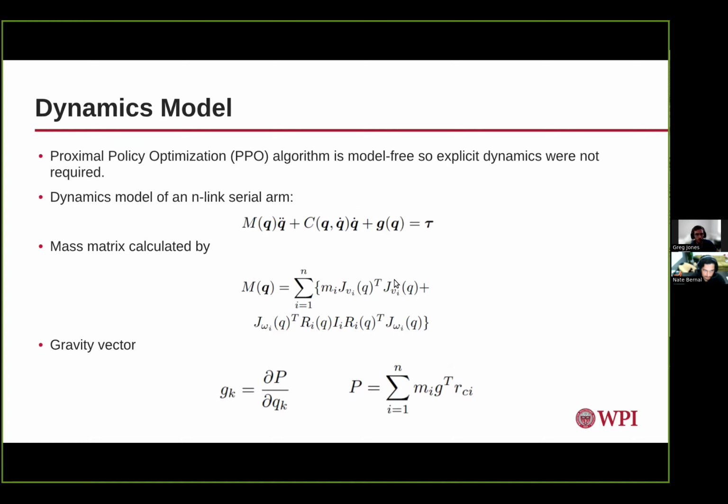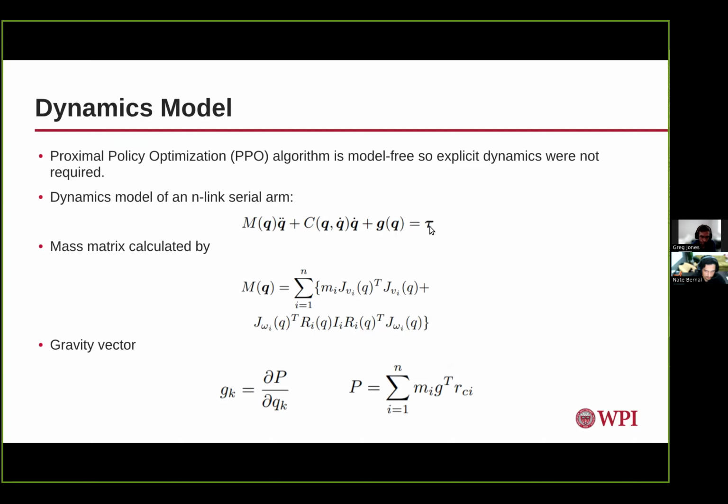The other thing that we looked at was how changing the dynamics of the robot arm would affect the policy. In order to understand the intuition of that, it's important to keep in mind this dynamics equation, which uses the mass matrix, Coriolis matrix, and a gravity term, and that's related to the joint torque vector.